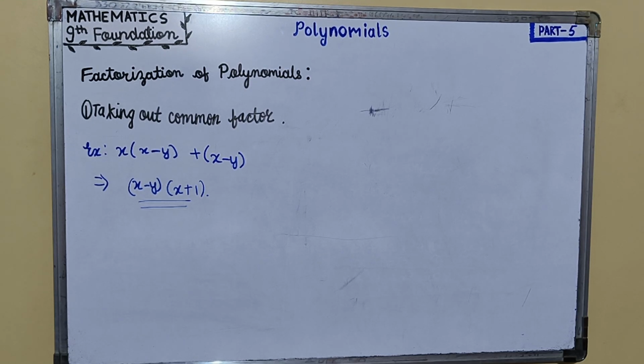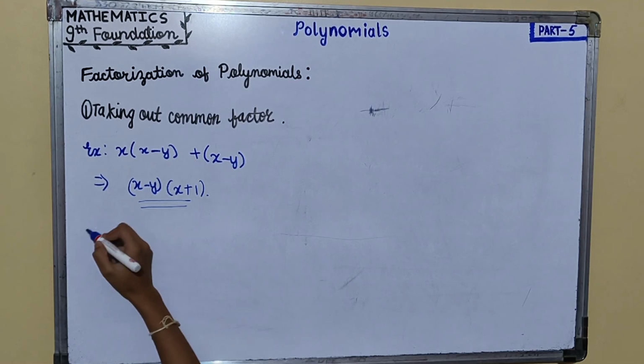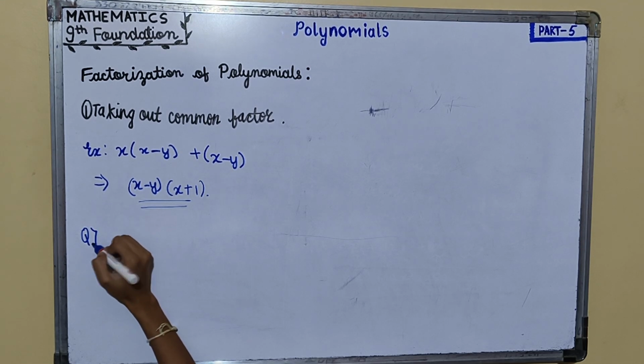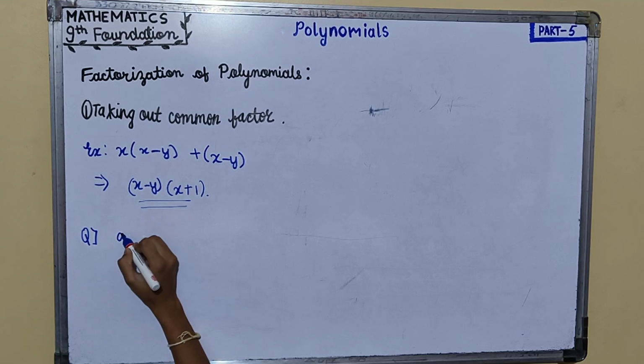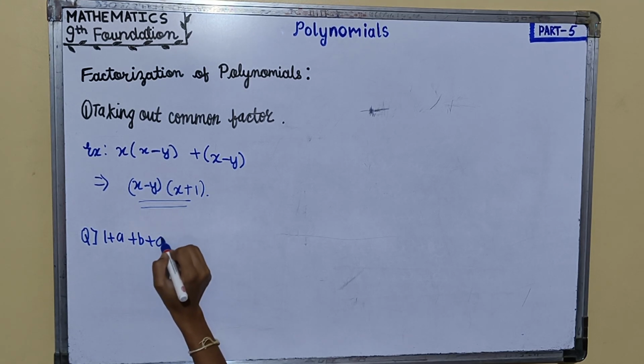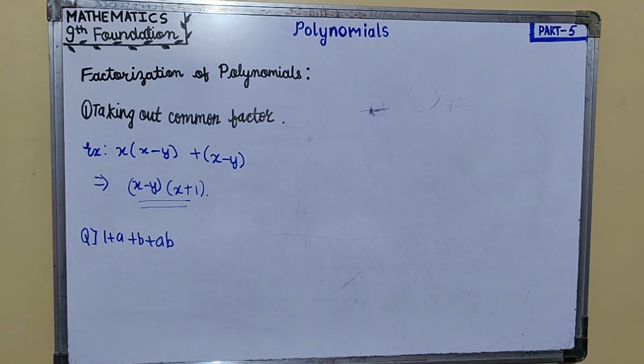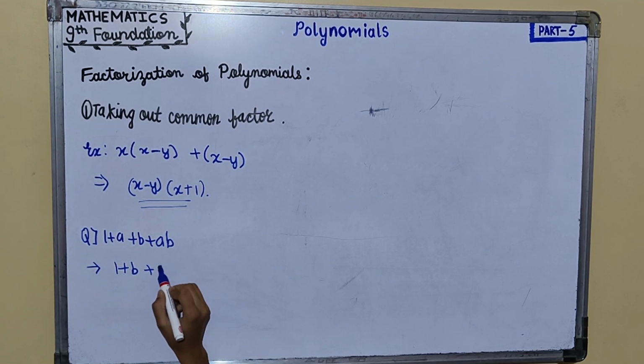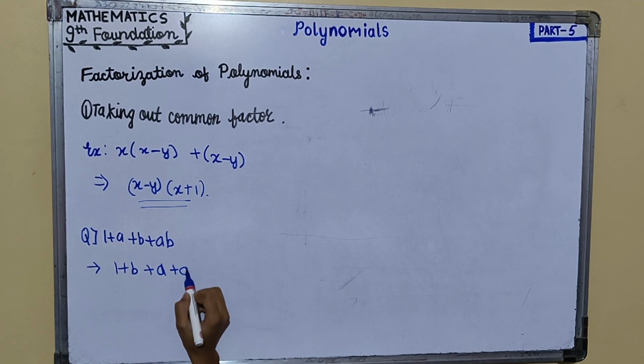One more question. Question is 1 plus a plus b plus ab. We'll arrange them 1 plus b, and over here we'll take 1 plus a plus ab.